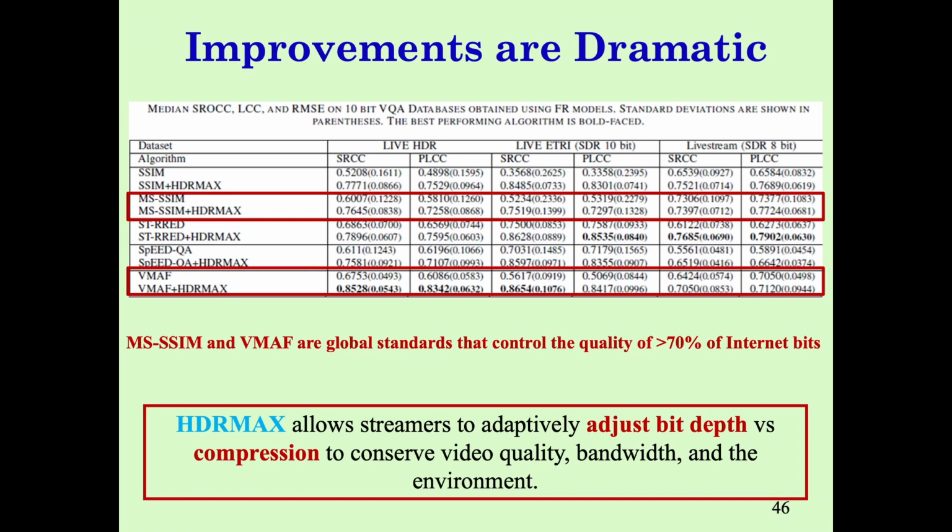We find that the correlations dramatically rise on this database. So for VMAF, for example, it rises from 0.6 something to 0.85. Once again, we could be saving billions of bits by using this. Hundreds of millions of dollars. The environment, by deploying this simple kind of model.